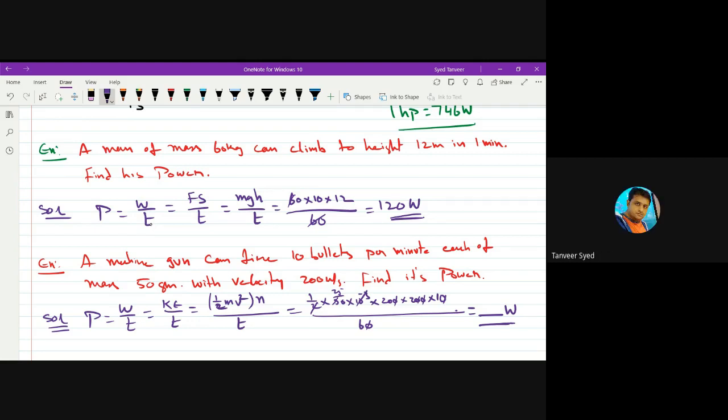So 1000 by 6, approximately. How much do you get? 166 approximately. 166 watt.